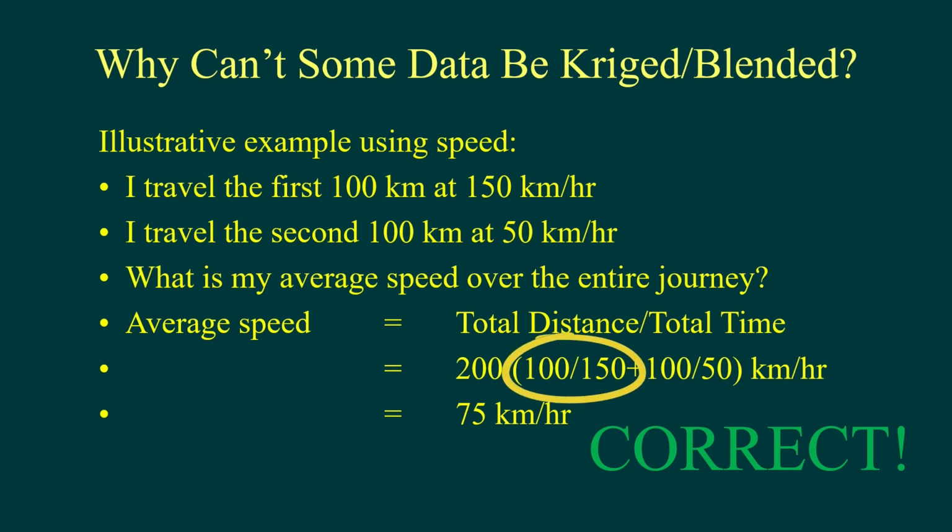For the second part of the journey, the time is 100 divided by 50, and so therefore the average speed is given by this term here. Total distance, 200 divided by the total time. And the correct answer is 75 kilometers an hour, not 100.